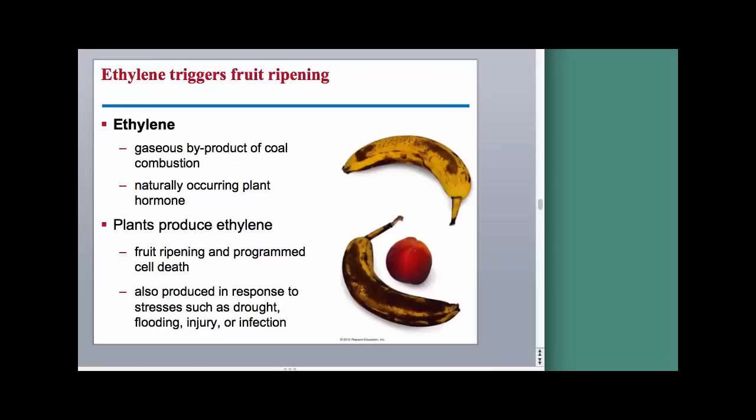Ethylene may be the only hormone out of these that you have heard of. Ethylene is associated with the ripening of fruits, but it's also associated with the dropping of leaves in the fall in deciduous trees. It's associated with the rotting of leaves to provide nutrients to the plant.